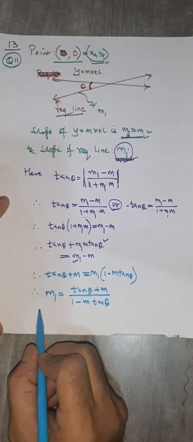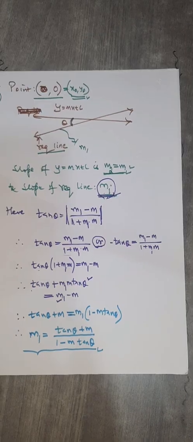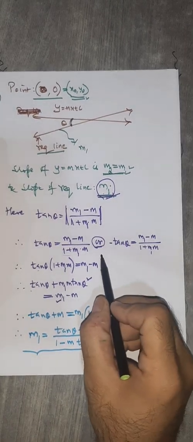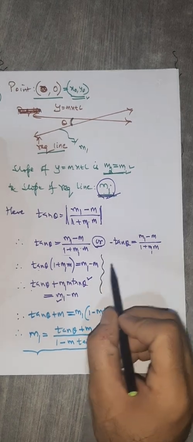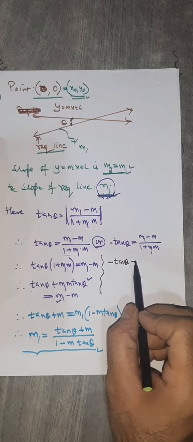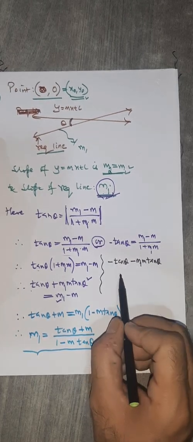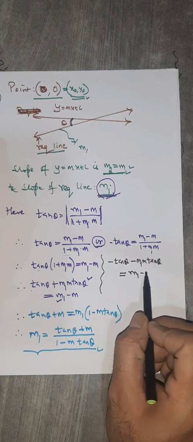Fine. So you got the slope now. Over here, this is minus tan theta, minus m1 into m tan theta equals m1 minus m.